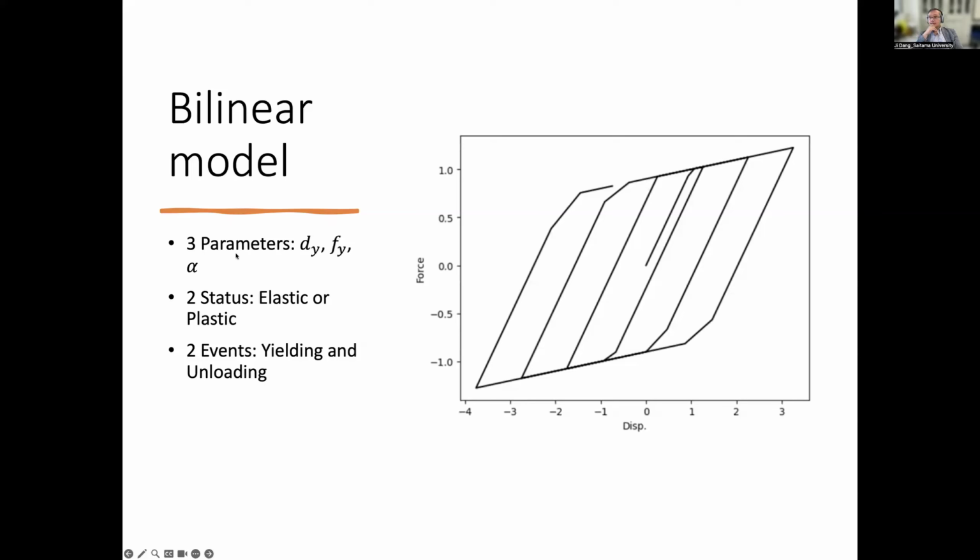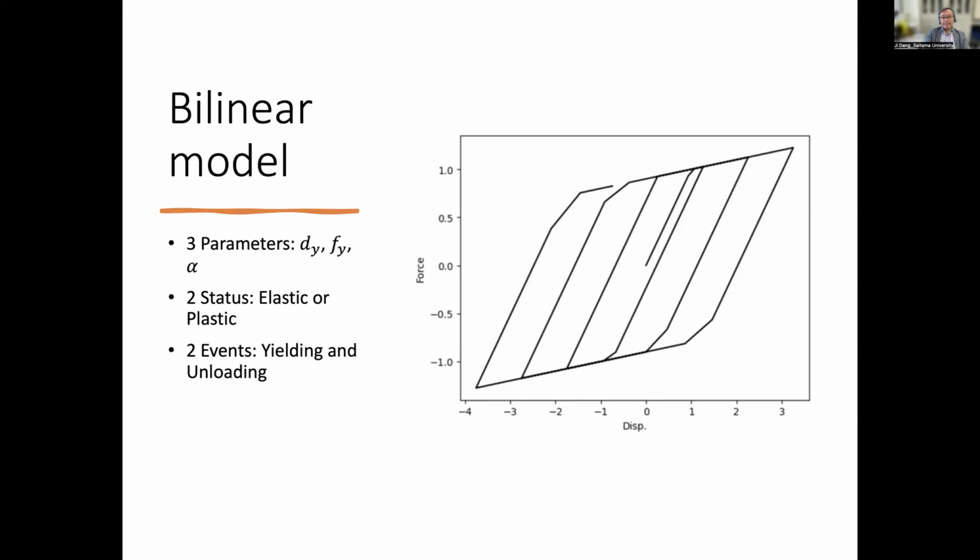It means that alpha is the ratio of second to first stiffness, or how much we discount the stiffness after yielding compared to the initial stiffness. Generally, this value is about 0.1 to 0.5 for general structures.